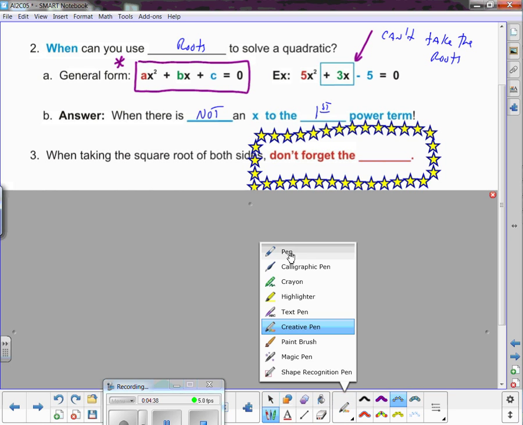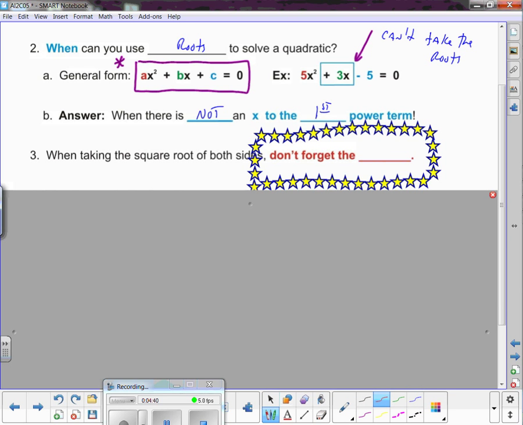I would do whatever I could to try to get you to remember this, and yet probably 4, 5, 6 of you are going to forget, and hence you're going to get these wrong, and you don't want to do that. But whenever you take the square root of both sides, what do you have to remember when you take that square root of the other side? Anybody remember? Back to Algebra 1? If you don't include this, you only have half the solutions. Don't forget the plus minus.